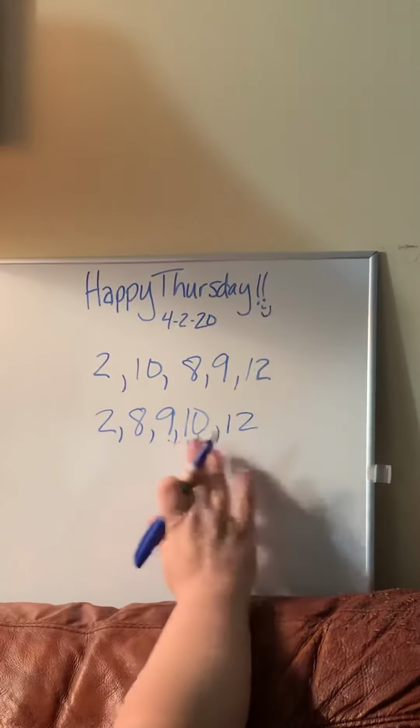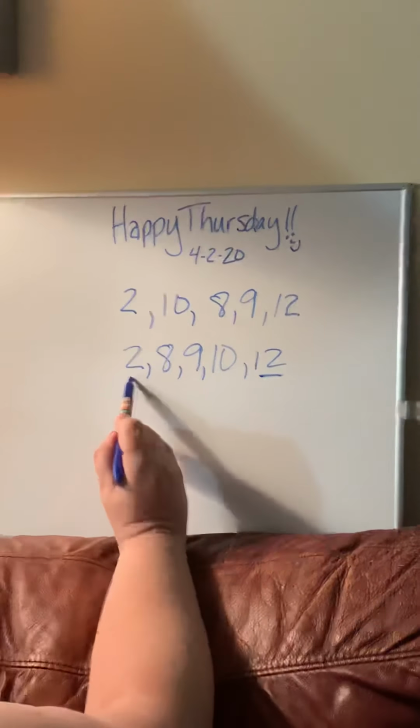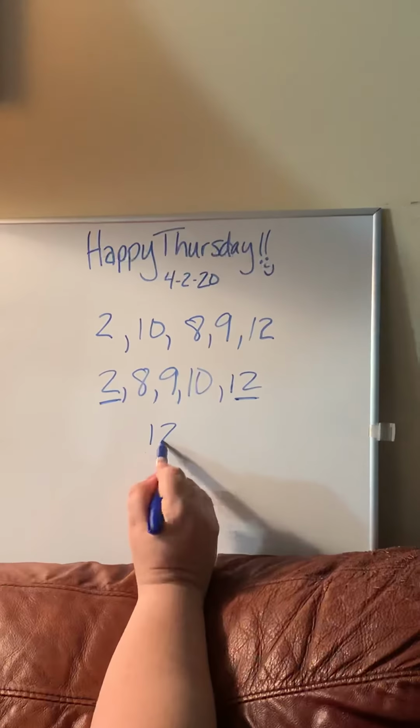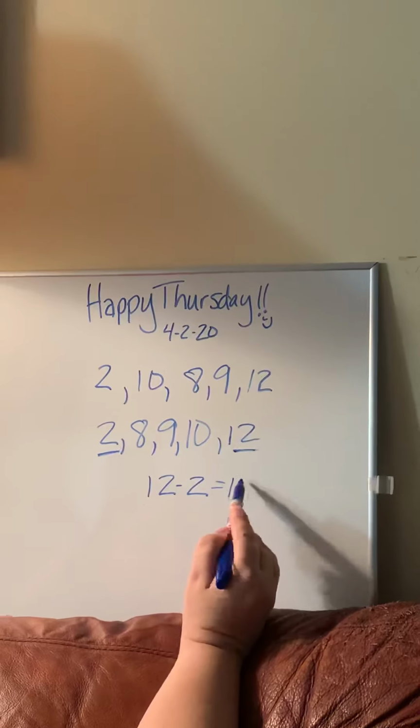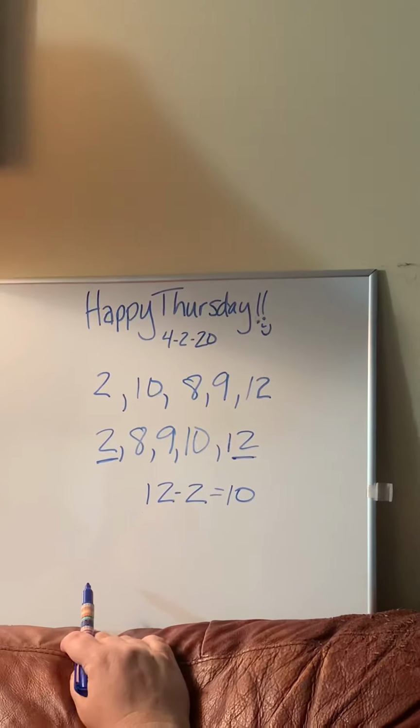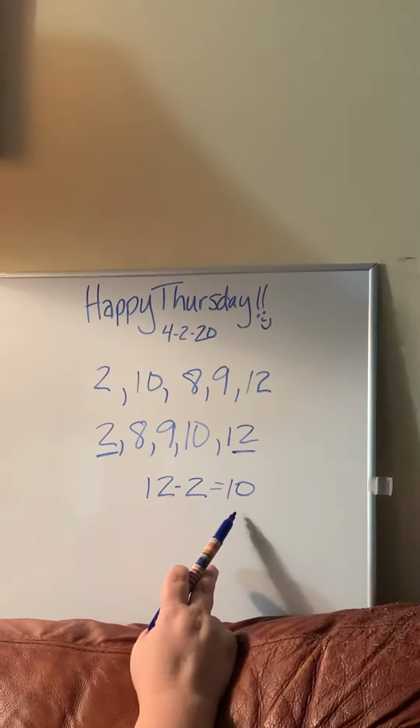You take the largest number, you take the smallest number, you subtract the smallest number from the largest number. So the range for this one is 10, okay? I had a couple of people get that one correct. I'm not sure if you just sped through it too fast or what was going on with that one, okay?